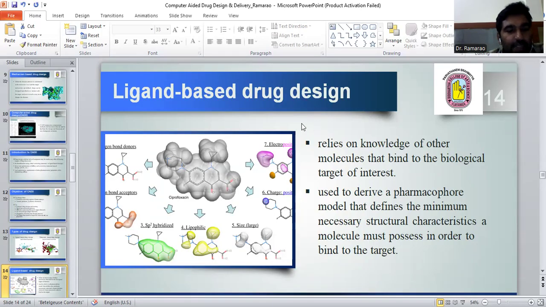Generally, ligand-based techniques are the pharmacophore-based approach and quantitative structure-activity relationship, QSAR. In LBDD, it is assumed that compounds having similar structures also have the same biological actions and interaction with the target protein.